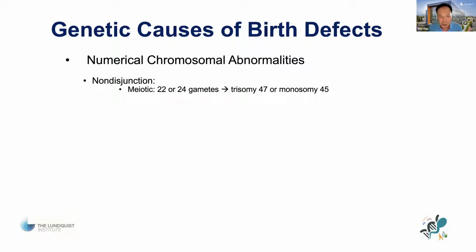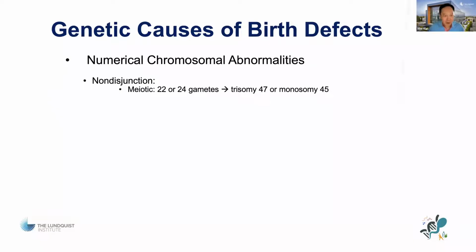If non-disjunction occurs during meiosis, you end up with an abnormal number of chromosomes, such as missing one chromosome or having an extra copy. After fertilization, if that gamete, either sperm or oocyte, participates in fertilization, every single cell in the offspring will contain exactly the same abnormal number of chromosomes.